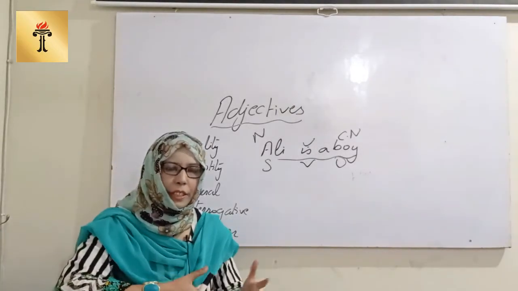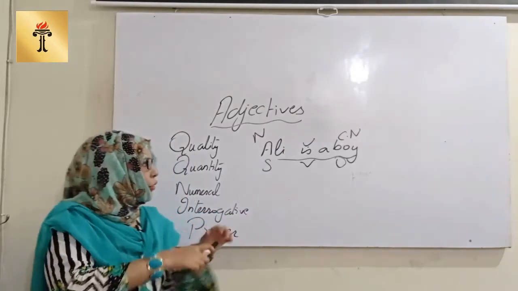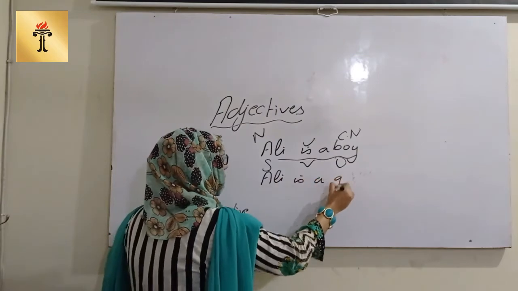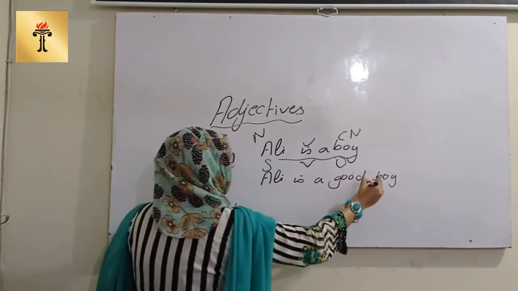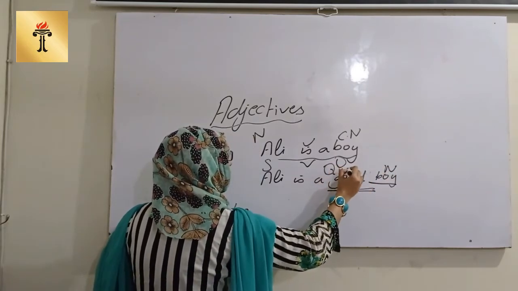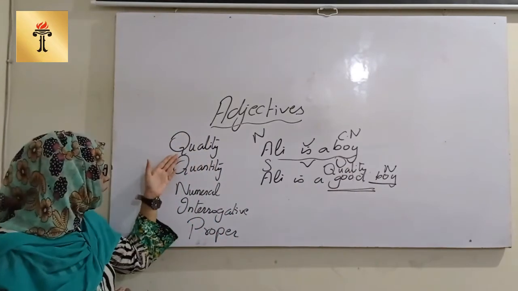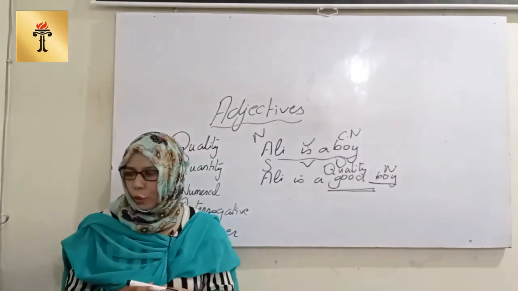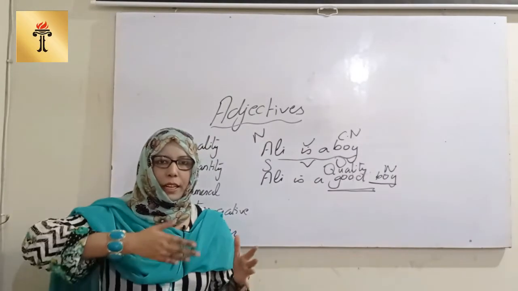As I said in the definition, it describes the noun and the pronoun. So if I say "Ali is a good boy," this is the noun and this is the quality. A word which shows the quality or the quantity of a noun or pronoun is said to be an adjective.